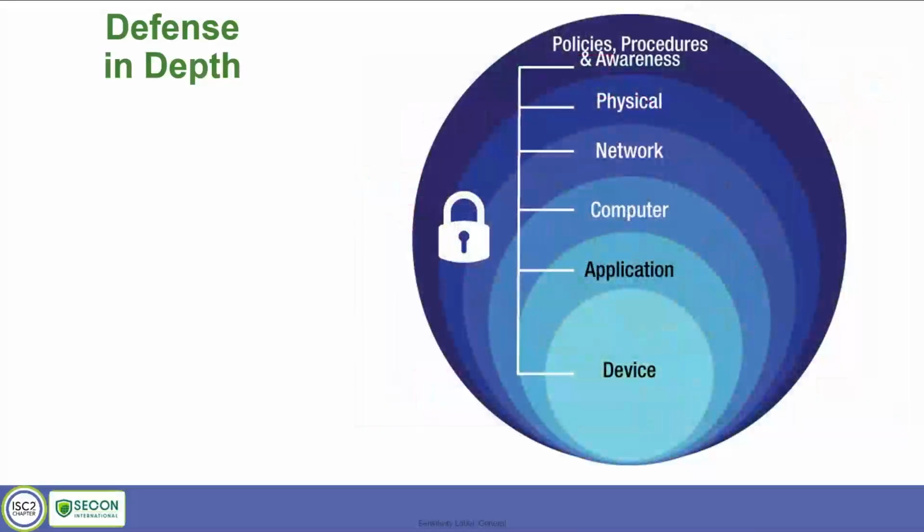Defense in depth, if we look closer, is like an OSI layer model. We take a traffic application and split it into a few layers: the physical layer, network layer, computer, application and device layer. To all of these layers, we apply security rules.